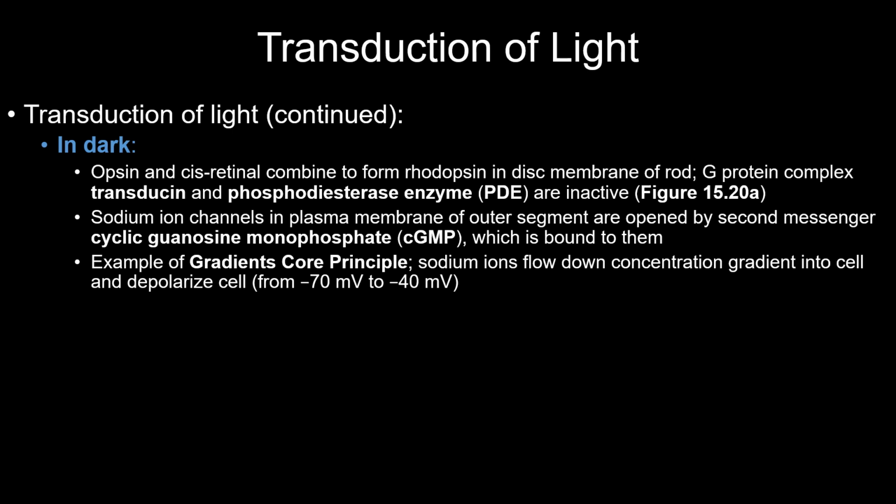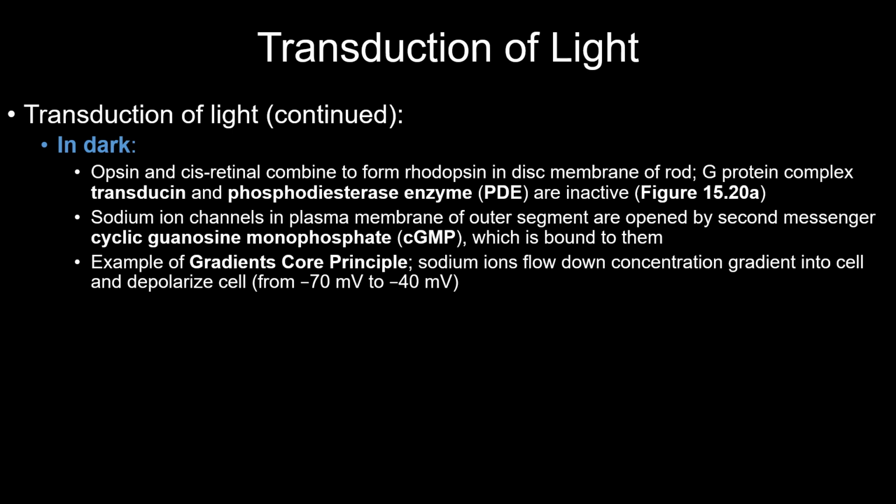So what happens after that? Okay, sodium ions are going to enter the outer segment of the photoreceptor, depolarizing it. Now, this is all in the dark, remember? So sodium ion channels in the plasma membrane are opened by a second messenger, cyclic guanosine monophosphate, cGMP, okay?